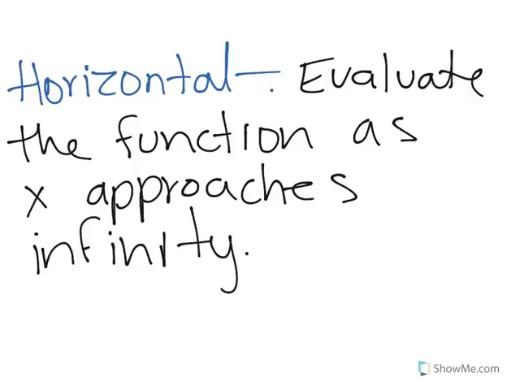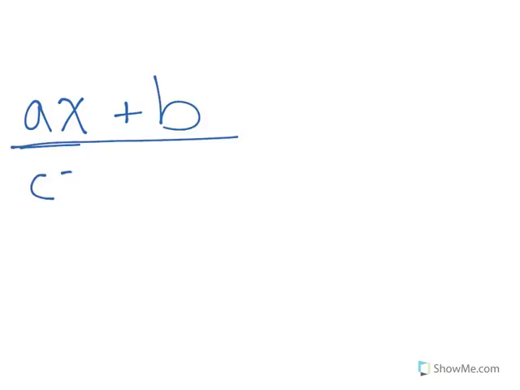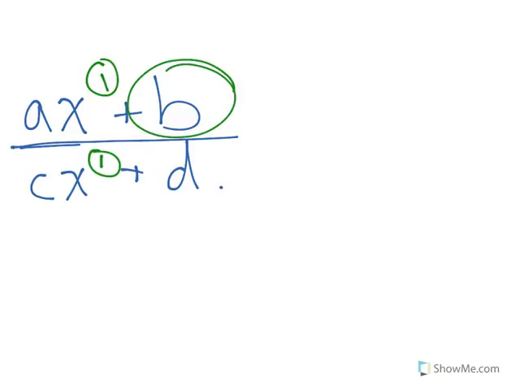So how do we do this? How do we know what f of x is as x gets bigger and bigger and bigger? Well, let's say that you were to have something like (ax + b) over (cx + d). In this case, you have something of degree 1 over something of the same degree, and you have constant terms.